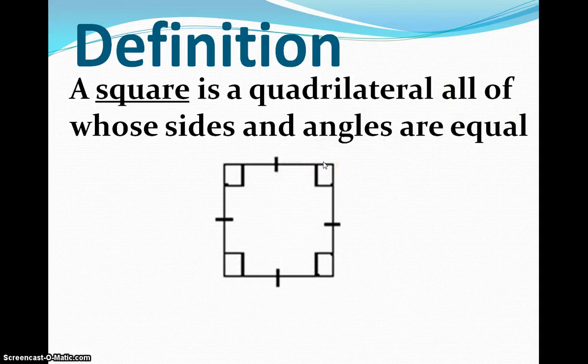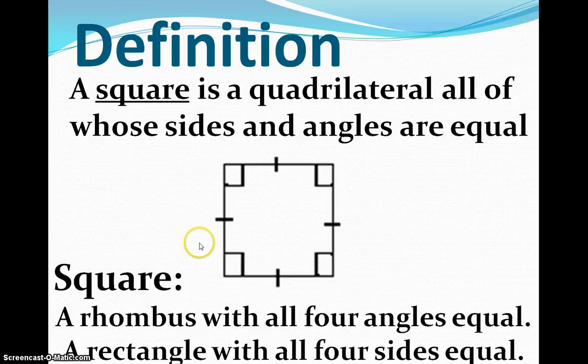Also note that, as we stated before, a square is a rhombus with all four of its angles equal, and a square is a rectangle with all four sides equal. So if you think about the definition that we've seen before of a rectangle, it has all angles equal, but not necessarily its sides. Well, a square is a rectangle, meaning it has all the angles equal with four equal sides.